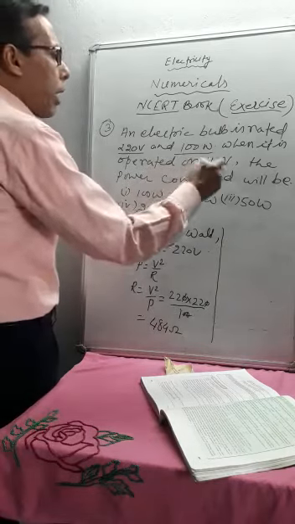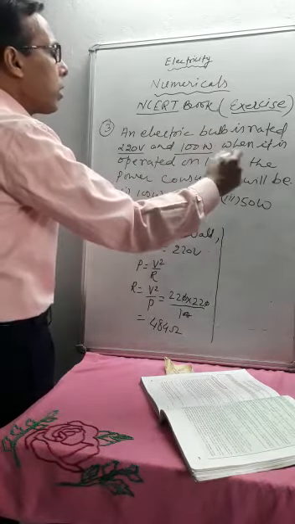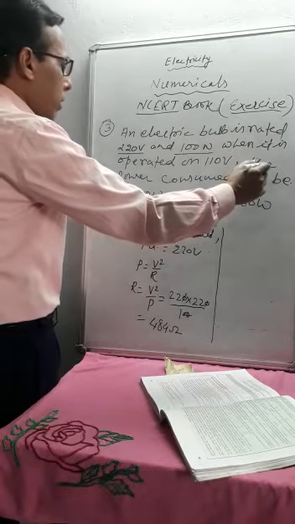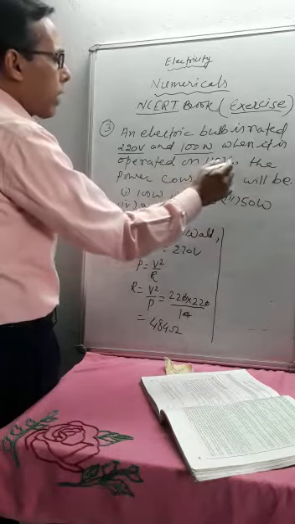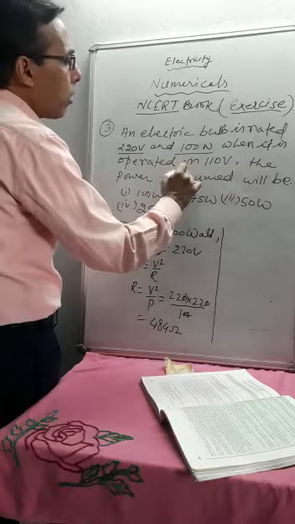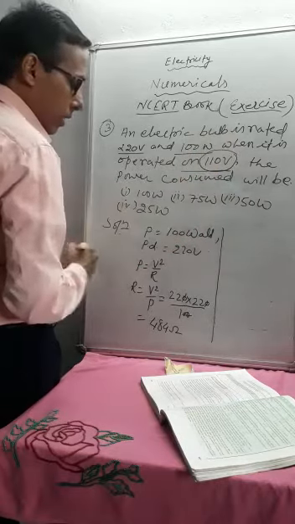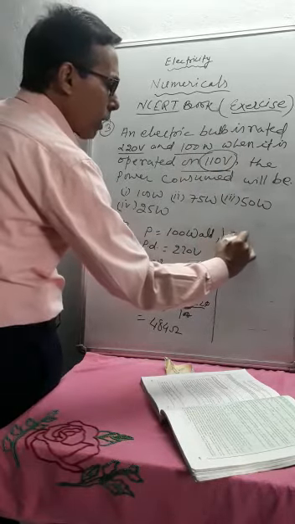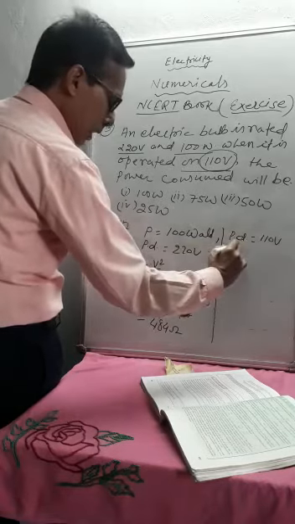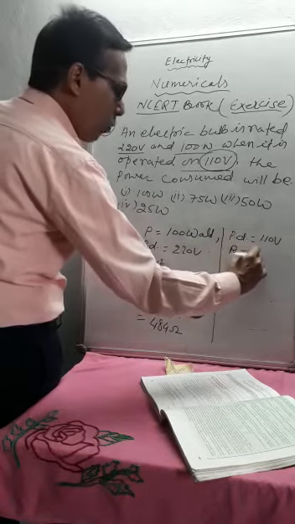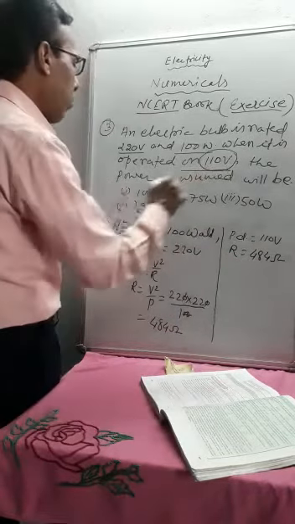Now in the second part, the bulb of the same watt is connected to a source of 110 volt battery. So now the potential difference is 110 volt and resistance is 484 ohm. Here you have to find out the power.